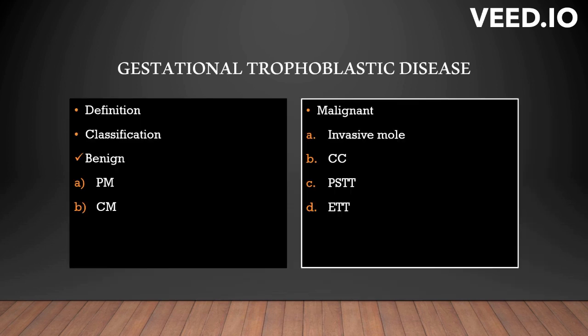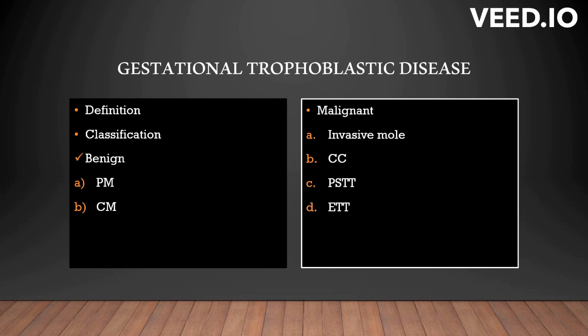So what is gestational trophoblastic disease? This is a condition which includes a spectrum of diseases arising from the cells of conception, ranging from benign, that is partial or complete mole, to the malignant counterpart, that is invasive mole, choriocarcinoma, placental site trophoblastic tumor, and epithelioid cell tumor.